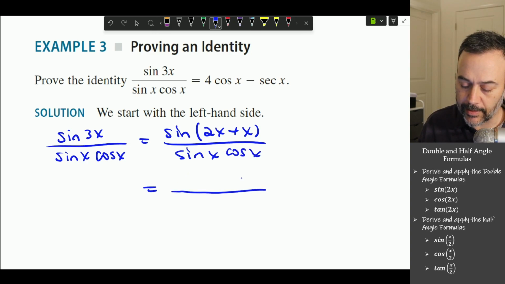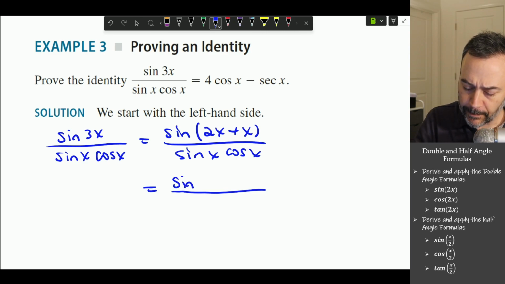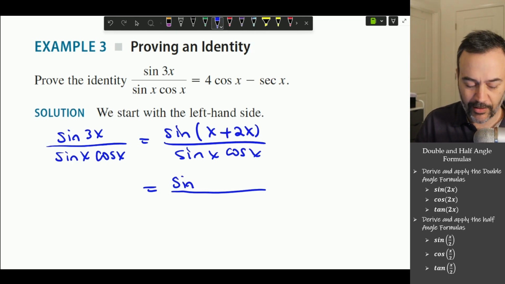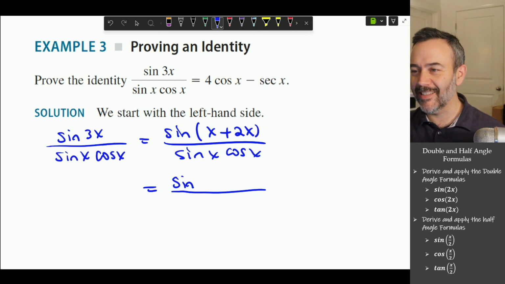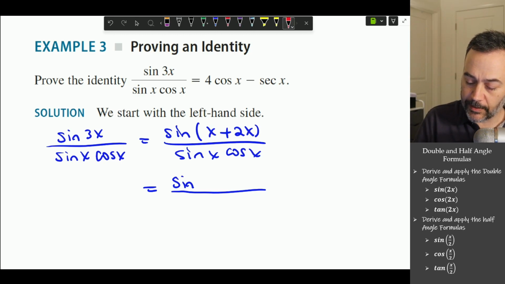We'll use the sine sum formula in the top. Just so that I'm consistent with my notes of how I wrote it up, I'll write it the same way. So I've split up 3x into x plus 2x.